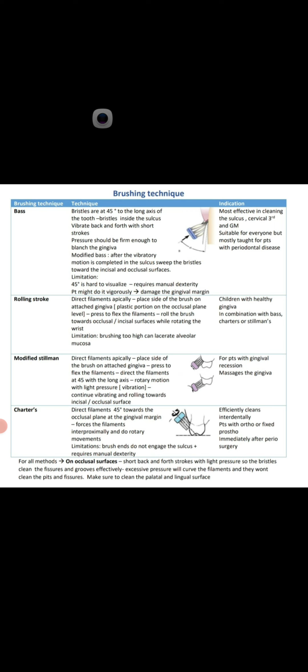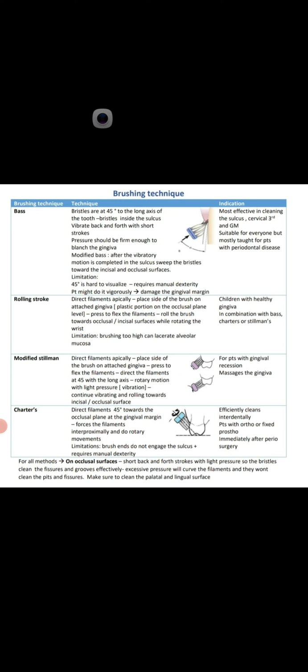Next, in every department the boss is for everyone, because everyone should follow the boss. The boss is suitable for everyone.